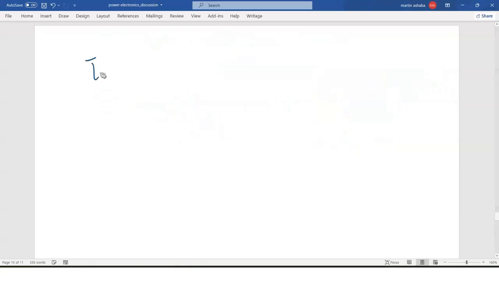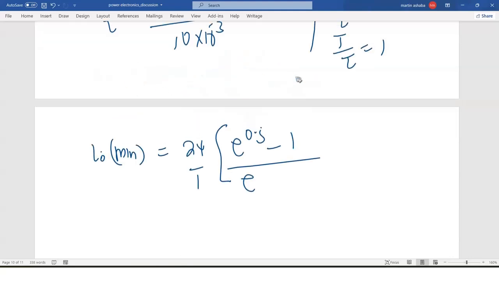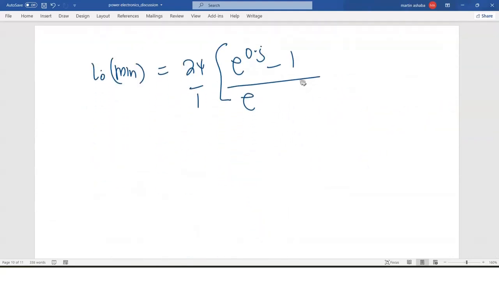So I naught min is therefore equal to Vs, which is 24, divided by 1, into exponential of T on divided by tau, which is 0.5, minus 1, divided by exponential of time period divided by tau, this is 1, then minus 1, then minus 0, because we said E is equal to 0.